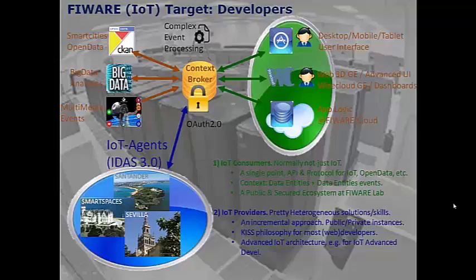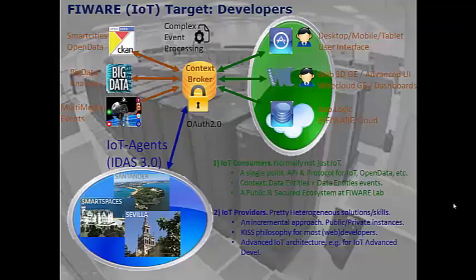Then the category that we call IoT providers are the IoT agents that are really heterogeneous, and they publish their data using very different technologies. From this, you can have different types of IoT providers.